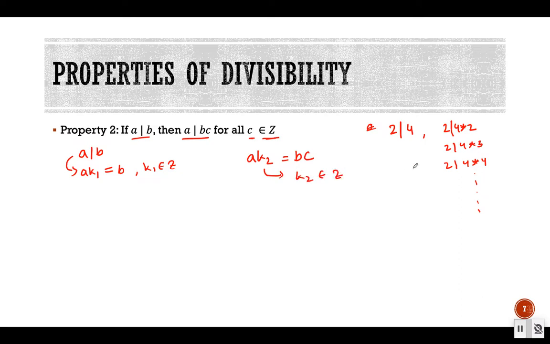Here we can do the same. Let's multiply both sides with an integer number c. a times k1 times c equals b times c.